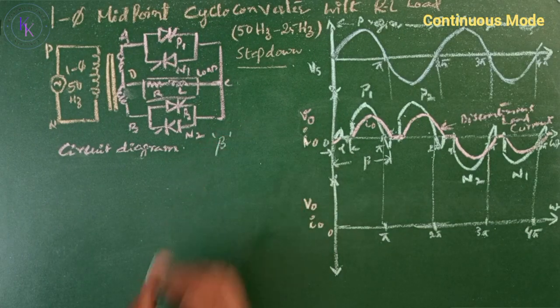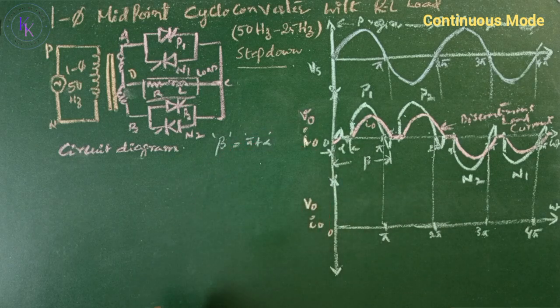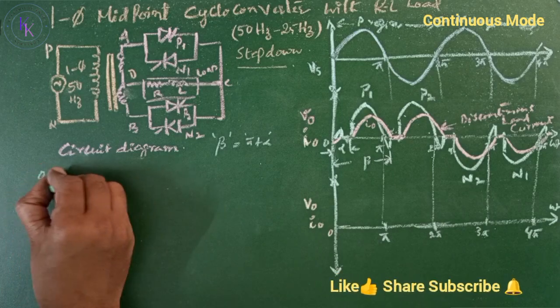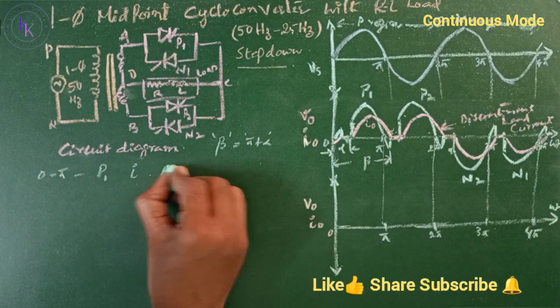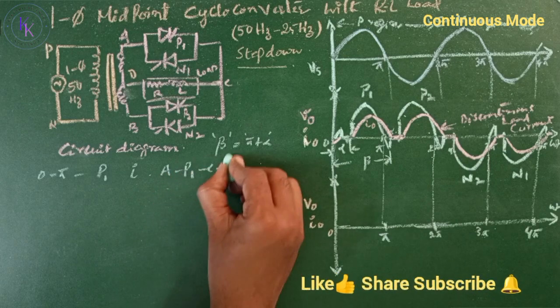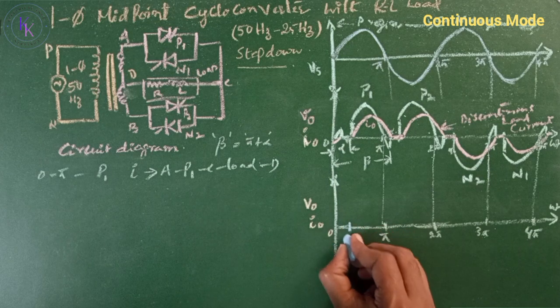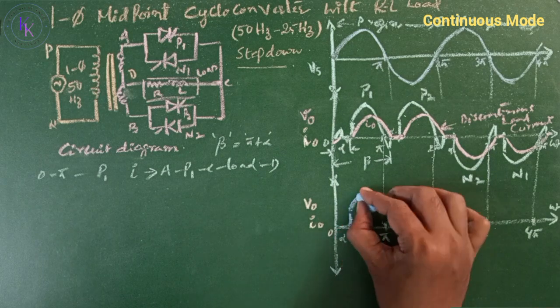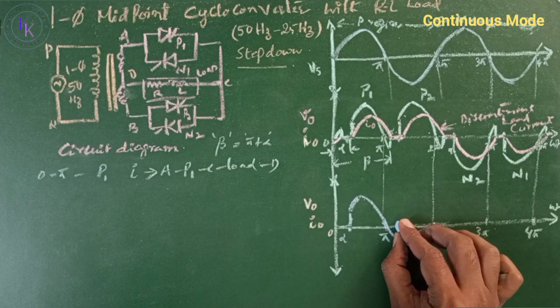Extinction angle beta due to the inductor equals pi plus alpha, or else as soon as the load current becomes 0, we are turning on the next thyristor. We know that in the first positive half cycle, between 0 to pi, P1 is triggered at alpha. The current path is A to P1 to C to the load to D. Due to the inductor, we will be getting a negative peak.